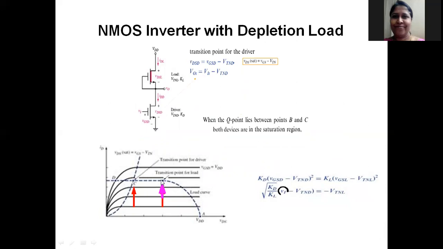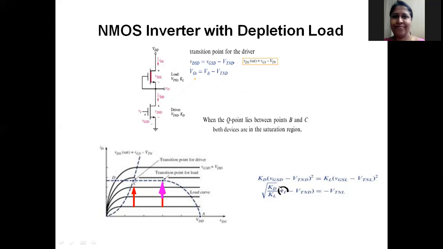When both the devices are in saturation, equate the saturation current values for both devices, and you will come to know that ZPU by ZPD, that is the W by L ratio of the pull-up device to the W by L ratio of the pull-down device, is given by 4 by 1.